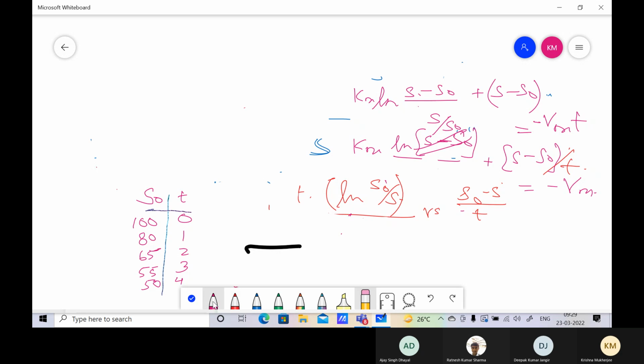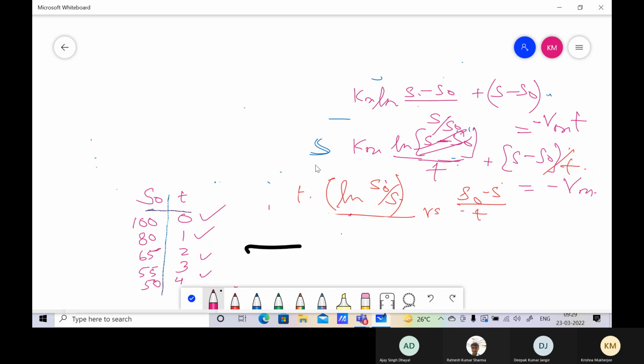Please remember that this plot will not be possible at t equal to 0. So you have to start from 1, 2, 3 and 4 only. Because S naught at t equal to 0 is 100, that makes sense. 0 by 0 makes no sense.